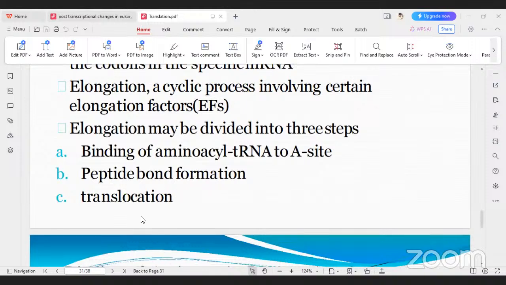Is it clear? 3 steps? Already told you A site, P site, E site. In elongation, first the amino acid tRNA binds at the A site. Next, peptide bond formation between amino acids. Next, translocation.